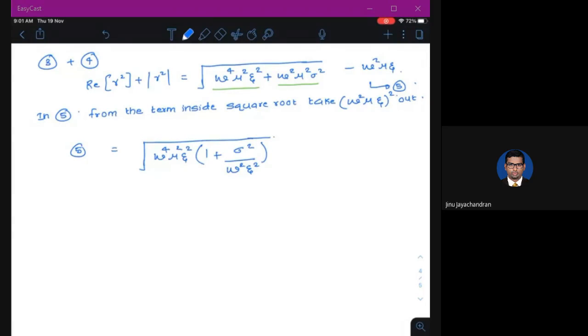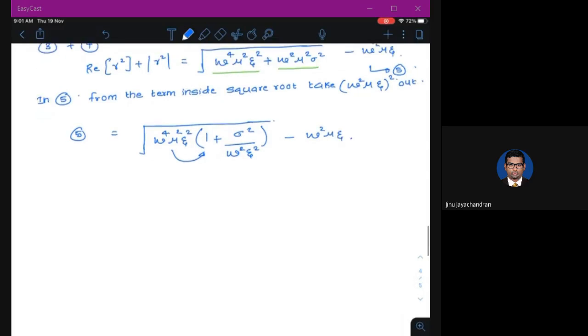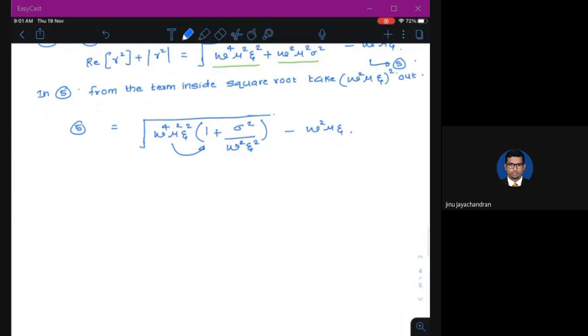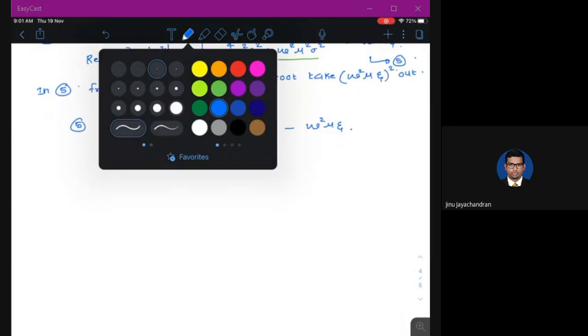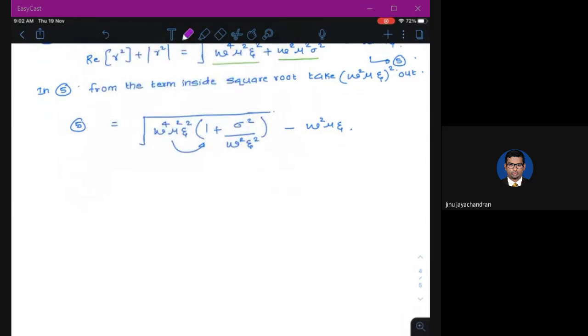Just to verify, you take this inside and you will see that you get this expression, minus omega square mu epsilon. Fine. If you look at this, it is all in terms of even powers, right?